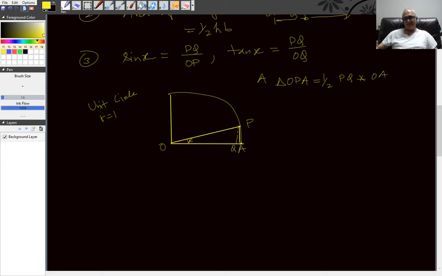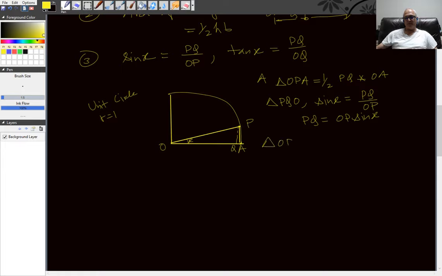If you look at this right-angled triangle PQO, sin x is PQ divided by OP. So PQ is OP sin x. Let me put these values here.